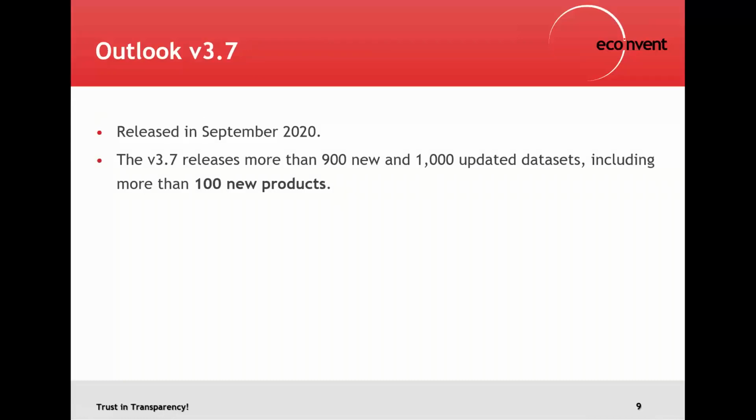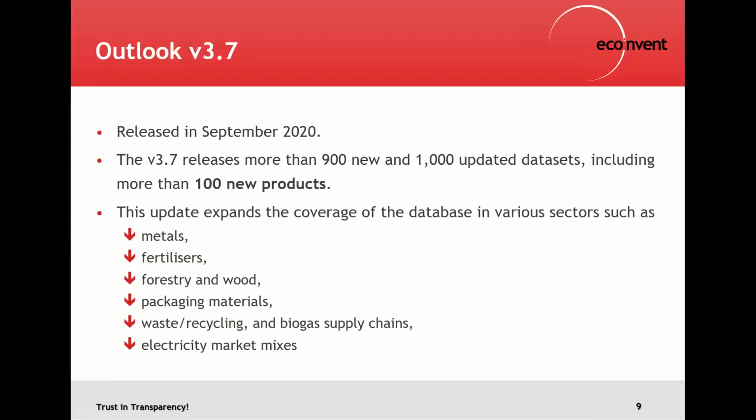3.7 was released in September 2020. It included more than 900 new datasets, updated around 1,000 datasets in the database, and added around 100 new products to the database.